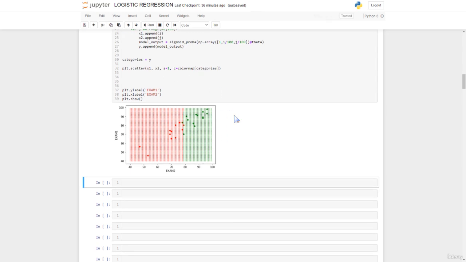which shows us how our model manages to understand this data set. So we'll find clearly here that when the exam 2 mark is say 100 with an exam 1 mark of even 40, you'll be classified as someone who's going to pass the final exam.